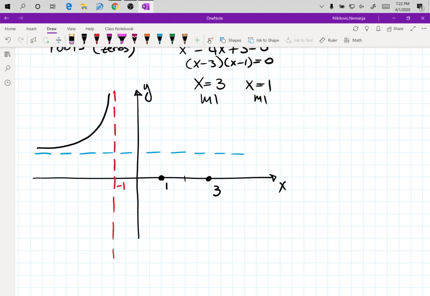Now, what do I have here? Well, since these are the two intercepts and the function has to go through them, I know that the function has to come from below, go through one root, go through the other root, and eventually bounce back. But see, this is an issue now.